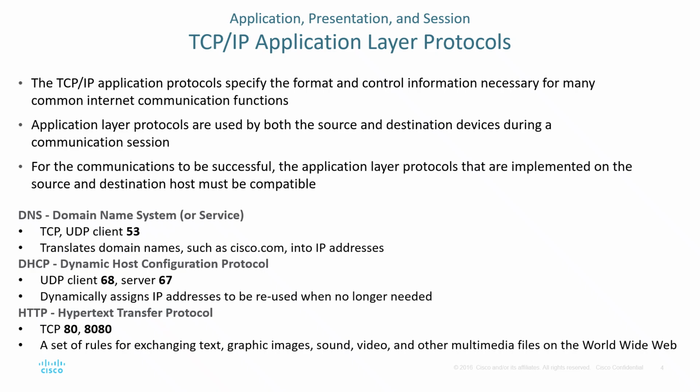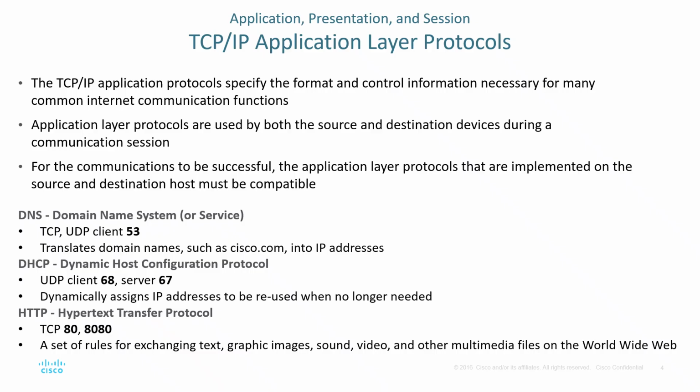For the communication to be successful, the application layer protocols that are implemented on the source and destination must be compatible. So again, when we talk about these port numbers that we're going to go over again in the next couple of slides, you will be tasked with having a brief description of these protocols, so a small functionality about how they work, what protocol they use, and the port number specific to them.